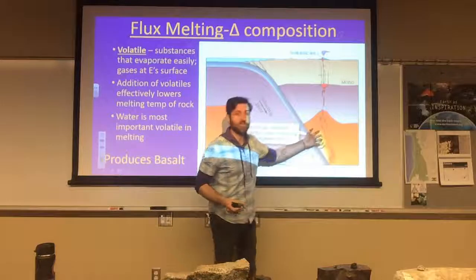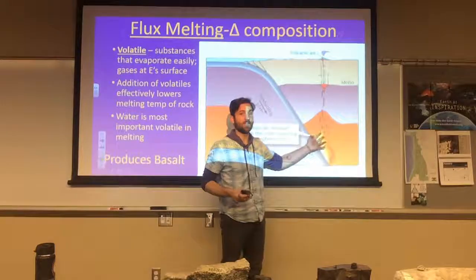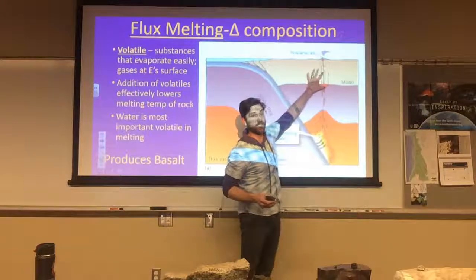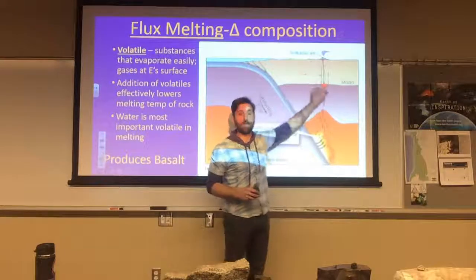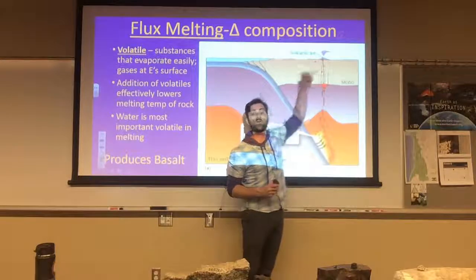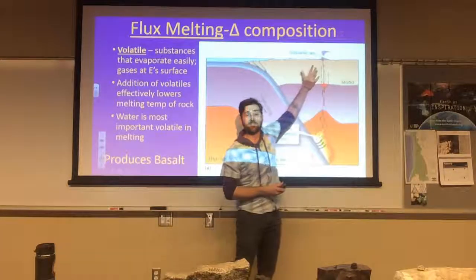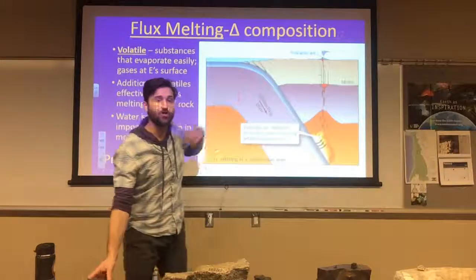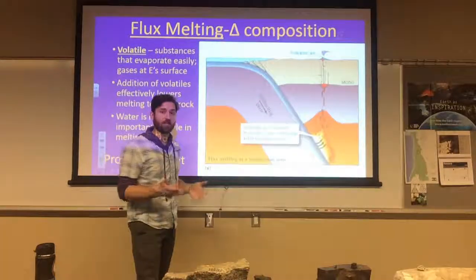And that basaltic composition liquid buoyantly rises upwards, okay? And eventually, once some of that material makes it all the way to the surface, it becomes a volcano or volcanism, Mount St. Helens.